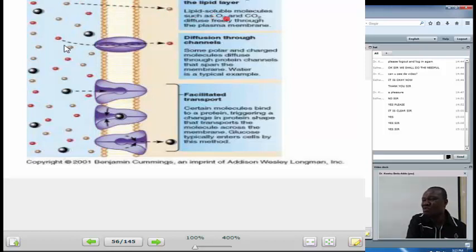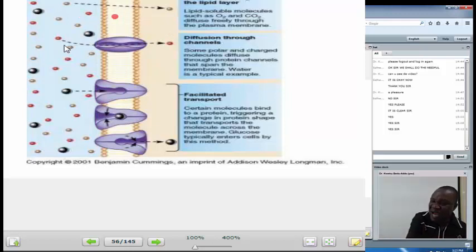So they'll just move across the lipid bilayer since it is also lipid. They'll just dissolve and move across. Examples of such molecules are oxygen and carbon dioxide. They readily move across the membrane using their ability to dissolve in the lipid bilayer.